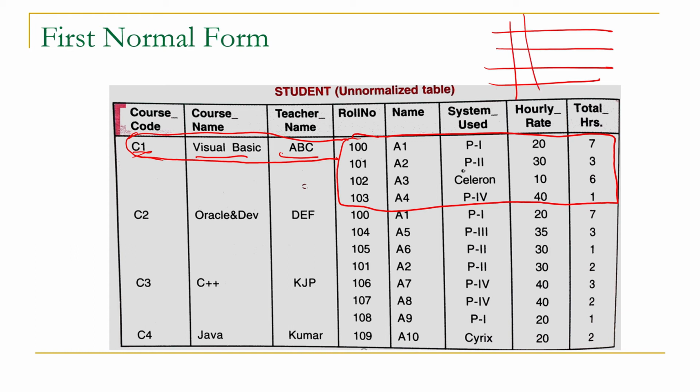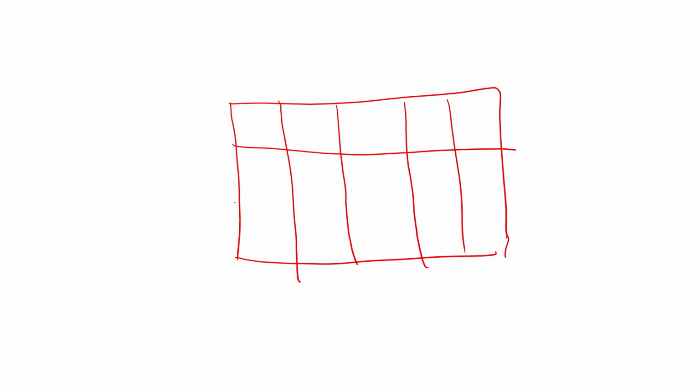So the structure should be like this. For every cell you should have at most one value. Here in every cell I have at most one value. But if a cell contains multiple values like this, then the data is not considered normalized according to first normal form. Suppose we have a relational table with some rows and columns, and these are the cells.